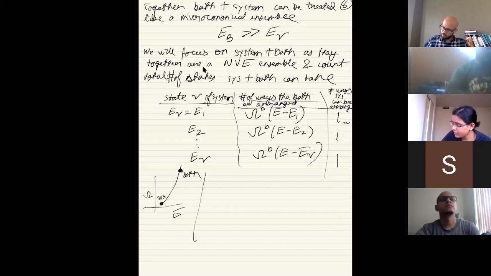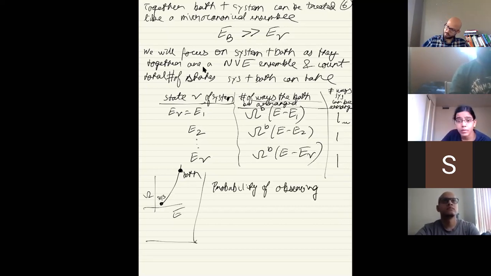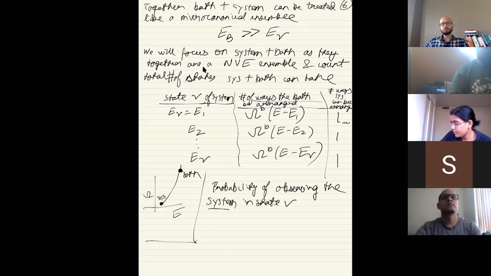So now if I ask you, what is the probability of observing the system in state nu? Here comes the nice part. We can now write it down.